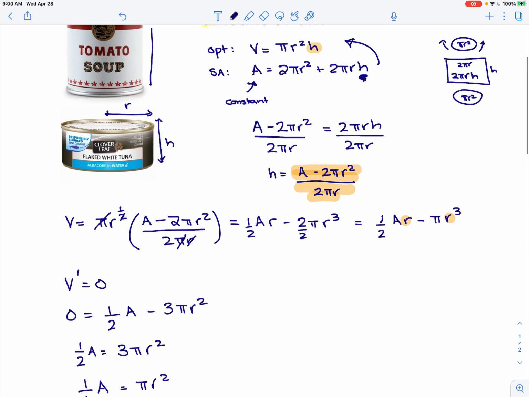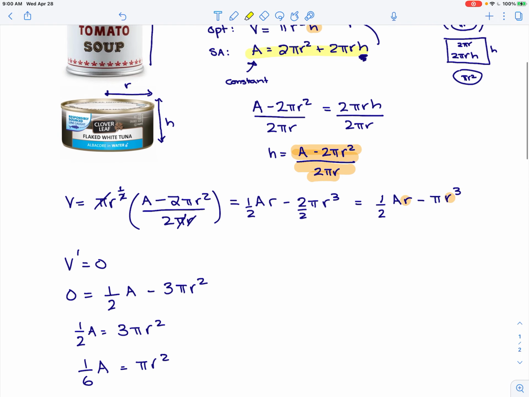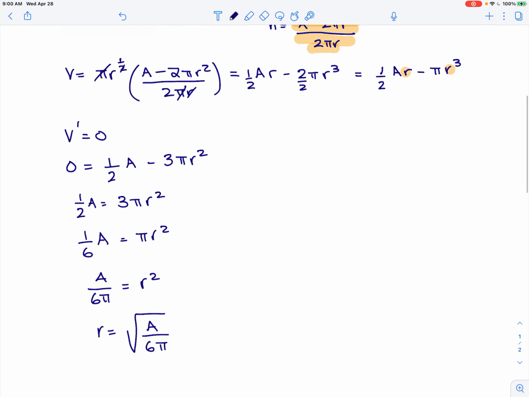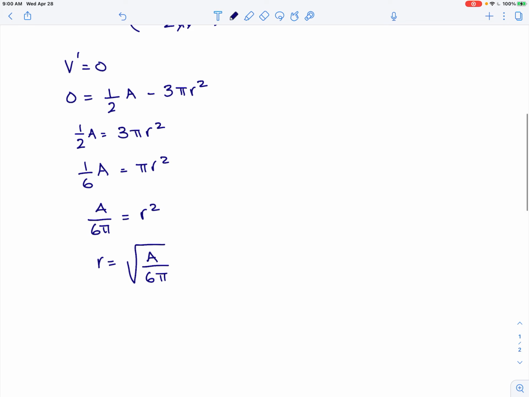But if we go back up here, A was equal to 2 pi r squared plus 2 pi r h, the surface area. So we're just going to replace that: 2 pi r squared plus 2 pi r h all over 6 pi.